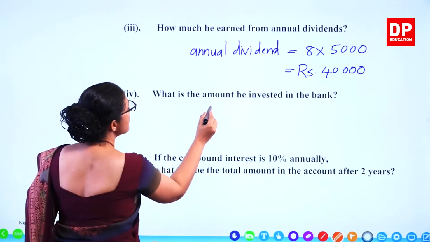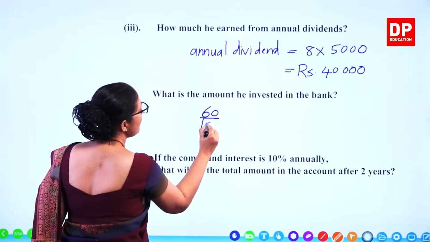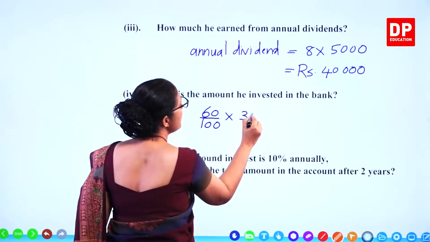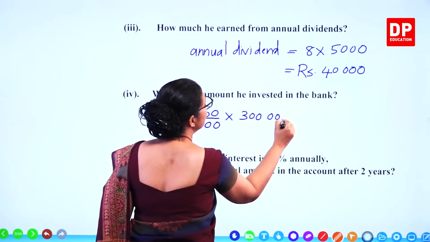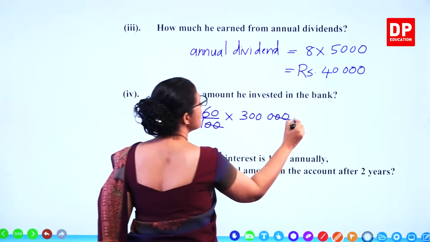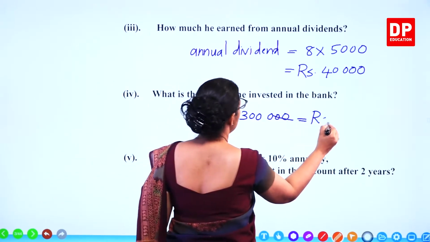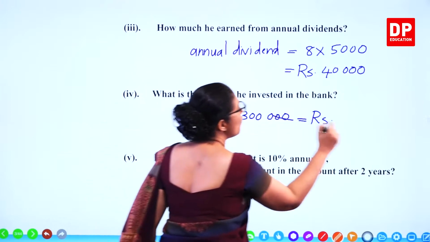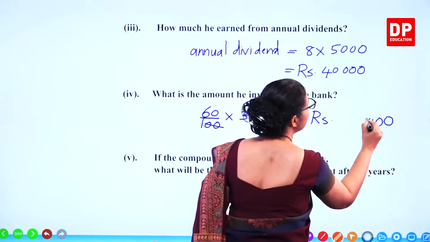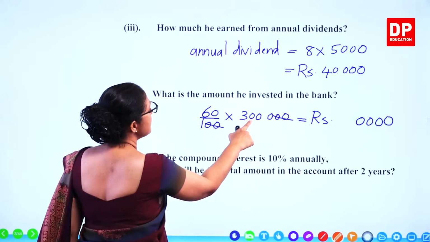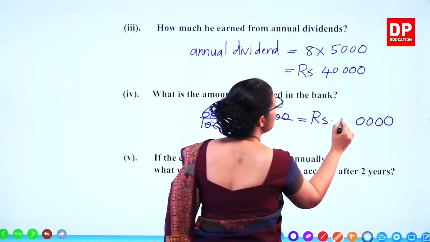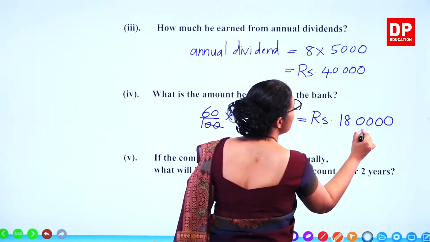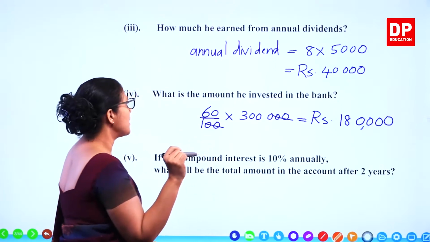So 60% of 300,000 rupees. So 2 zeros and here you get 1, 2, 3, 4, 4 zeros and 6 times 3, 18. 180,000 rupees.